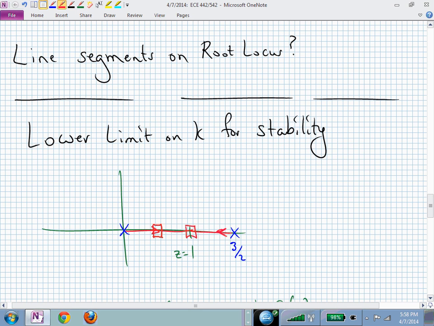Is that clear? At k equals 0, we have 1 at 0 and 1 at 3/2. We have an unstable system. We close the loop and we crank up the gain k. Now we crank it up to at least 1/2, and we'll be right there. We'll be right on the stability boundary, so we probably want to crank it up a little bit more than k equal to 1/2.